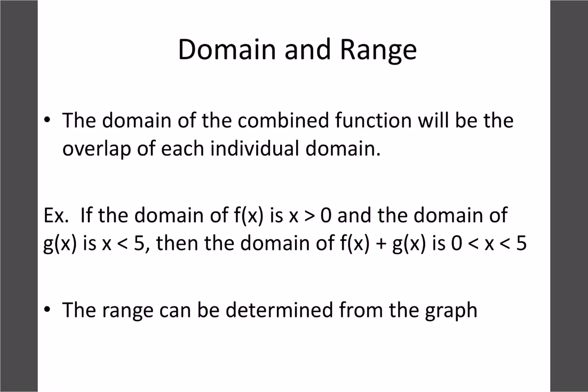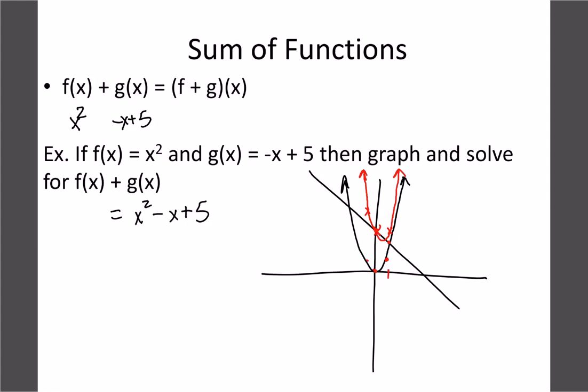So let me go back to the first one here, just to show you an idea. If the question said what is f plus g of 3, so if we wanted to know what the y coordinate is when x is 3, we could figure out 3 for the individual ones, so 3 squared, and then plus minus 3 plus 5.